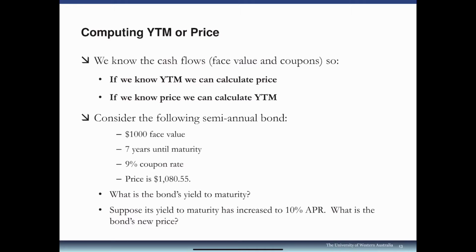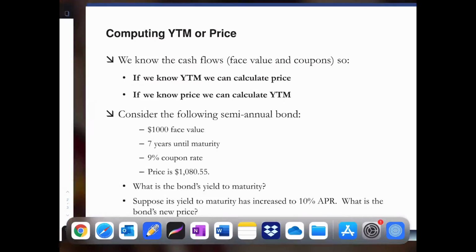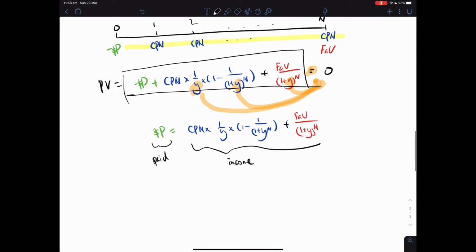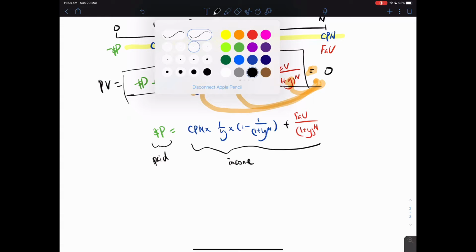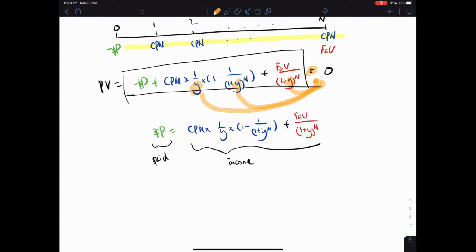So we know the cash flows in the context of a coupon paying bond. We'll move back to this equation. Let's pick a color that we haven't used. Okay, let's pick this. Here we have 5 variables.